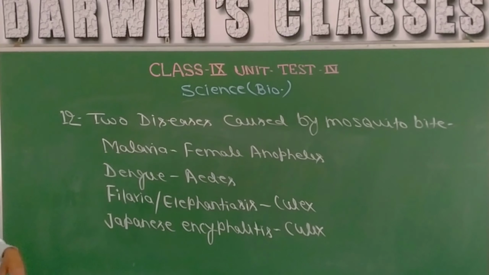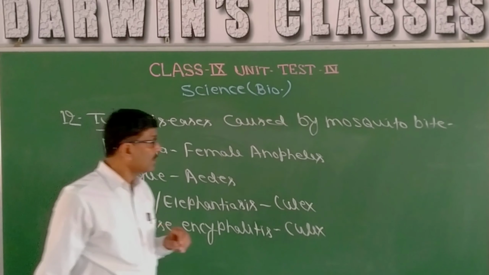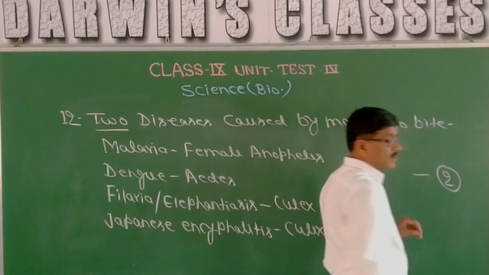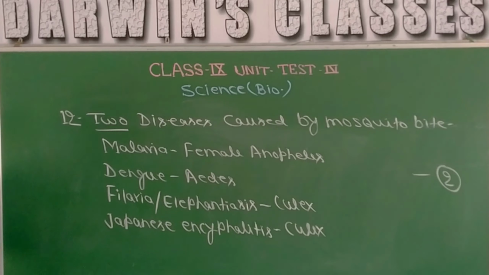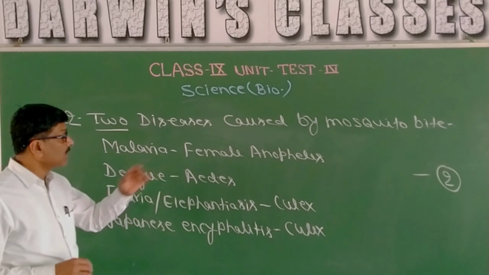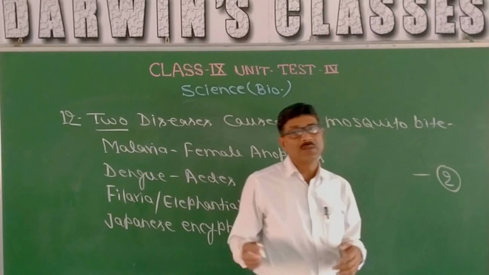So out of the four, any two, only two were to be written, and it was meant for 2 marks. If you write down any two correct diseases, simply diseases were to be written down. I have written down the names of the vectors, but that was not needed in your question.